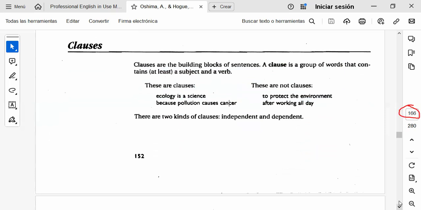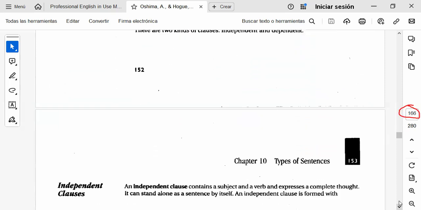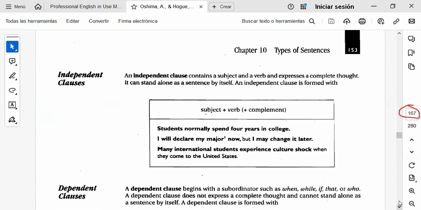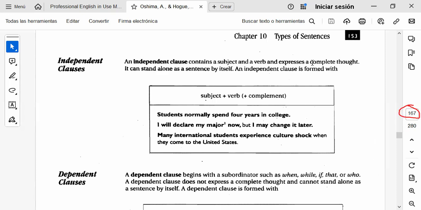There are two kinds of clauses, independent and dependent, as we have already seen. Independent clauses contain a subject and verb and express a complete thought. It can stand alone as a sentence by itself. It has a meaning, okay?